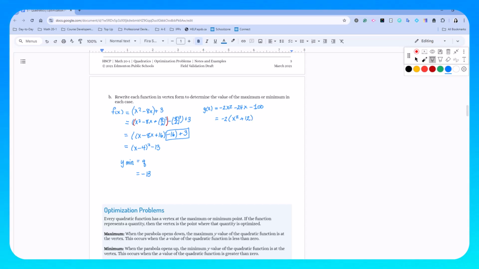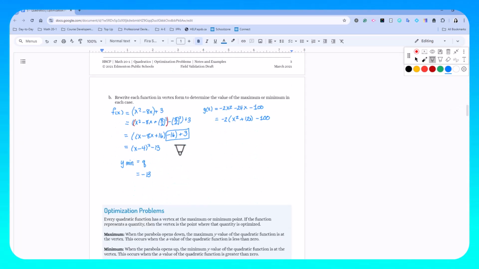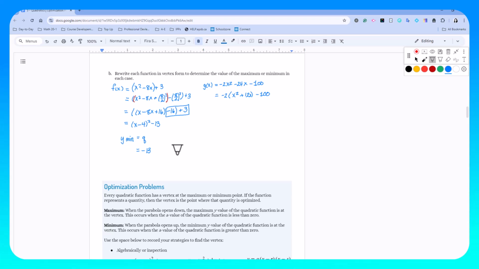Just like that. Oops, I forgot the x. And that's as a starting point. I just want to double check that I wrote it down right. And I did. Perfect.